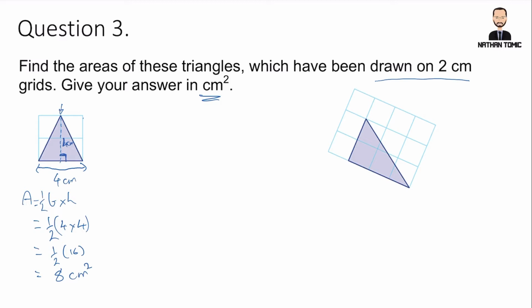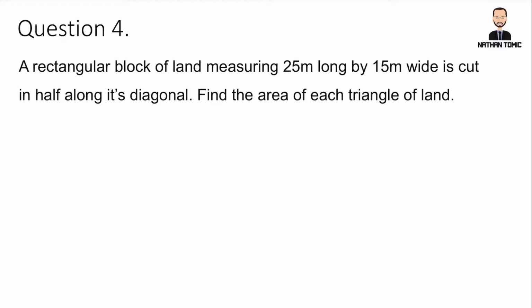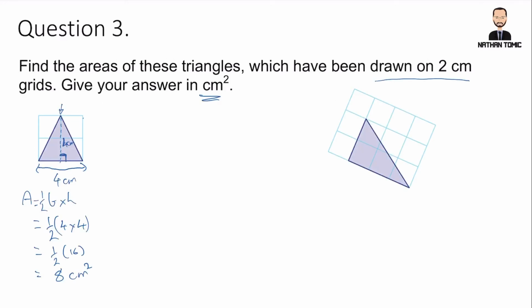The second one, again, it's on a little bit of an angle, so we just have to look carefully. But again, we can see we really have a triangle that has a base across here, and it travels over 3 squares, so that is going to be a 6 centimeter length. And then we have a height going up here, because here is our perpendicular 90 degrees, and it travels over 2 squares, so that's going to be 4 centimeters.